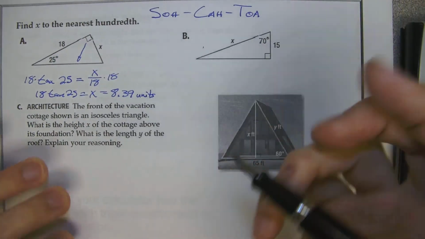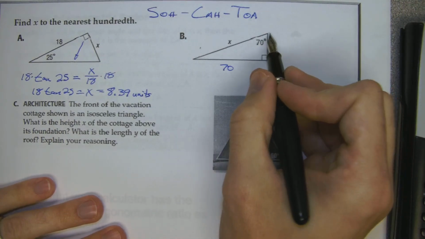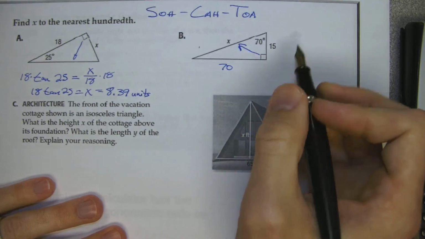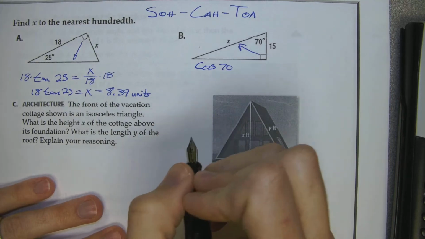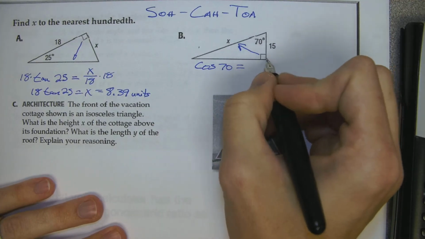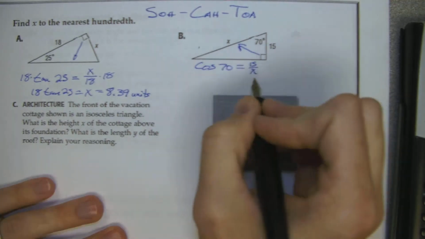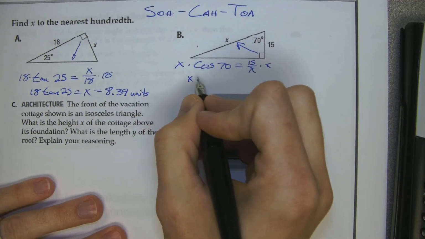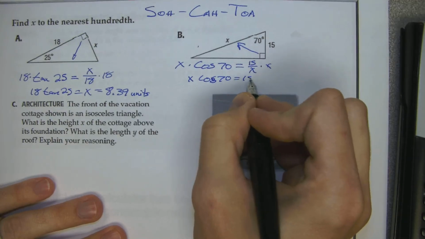Let's try another one. So we've got 70 degrees, so let's jot that down. I've got an adjacent side and a hypotenuse, so again, x is the hypotenuse in this case. So adjacent and hypotenuse, that sounds like cosine to me. So cosine of 70 is equal to our adjacent side, 15, over x. Remember to solve this, we'll multiply by x on both sides. So x cosine 70 is 15.